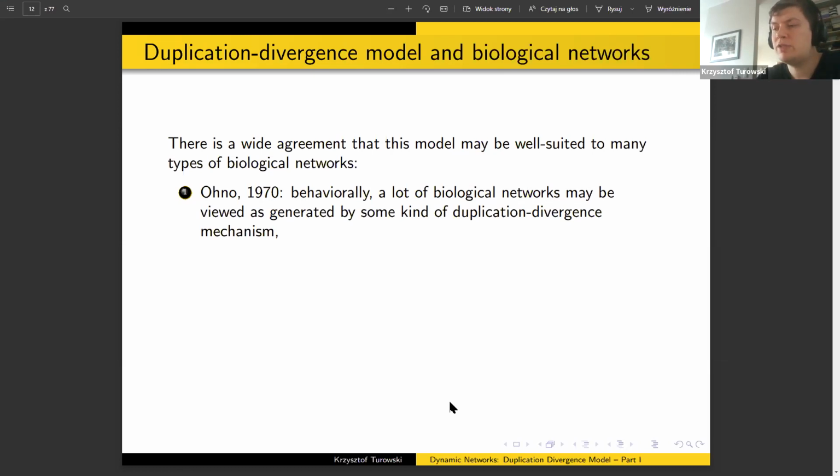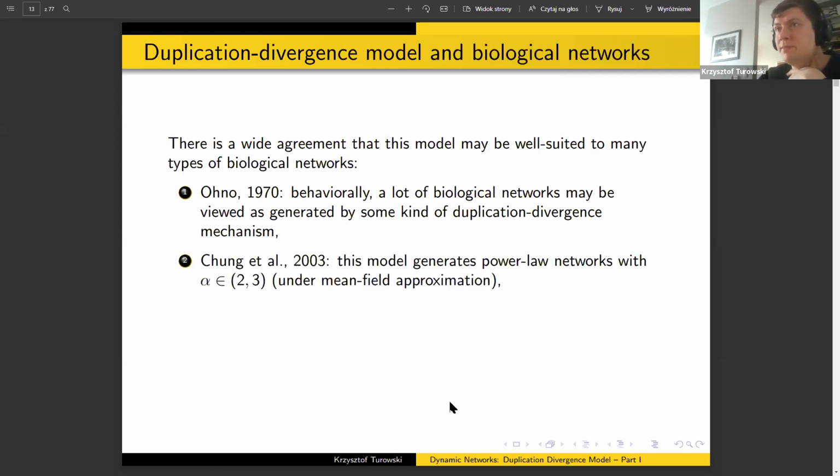And whenever we describe protein-protein interaction, this new protein interacts with, we suppose, the majority of the proteins that the old protein, its parent, was interacting with. And it also exhibits some novel way of functioning. This hypothesis was already quite loose in the 70s, even way before this model was formalized.